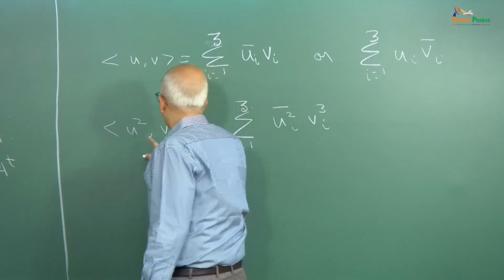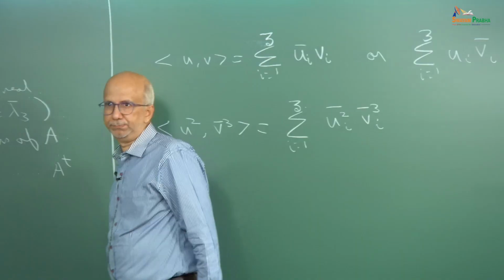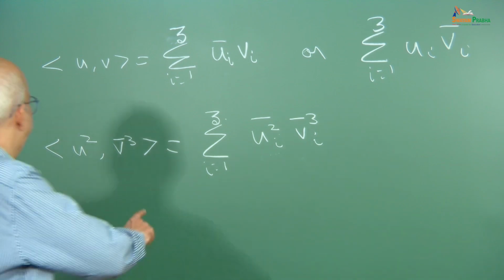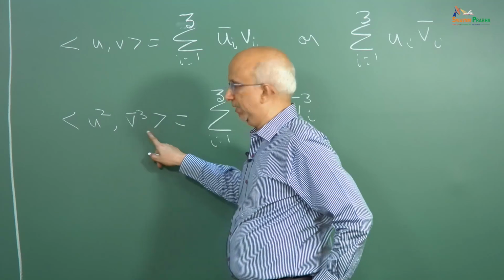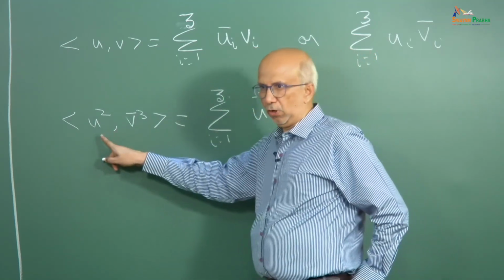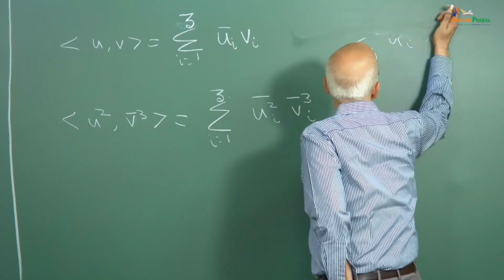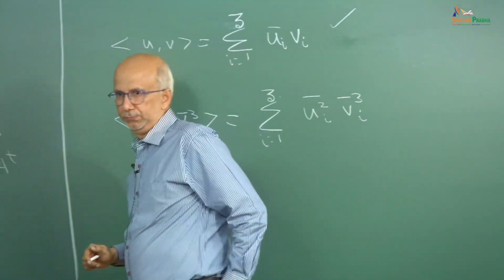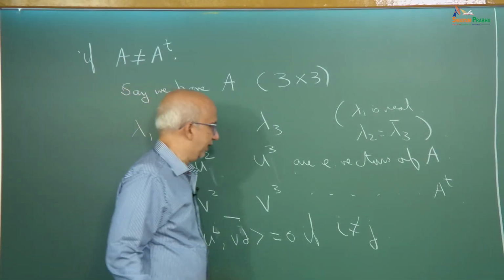Okay? I think I goofed up a bit. So here V3 bar, so the orthogonality is with V3 bar. I am keeping V3 bar as it is, I am taking the complex conjugate of the first. So let me not confuse the issue with having this on the board. Let us stick to this. So again, this is the biorthogonality condition.